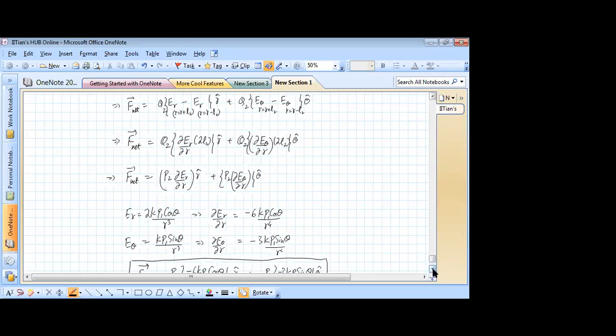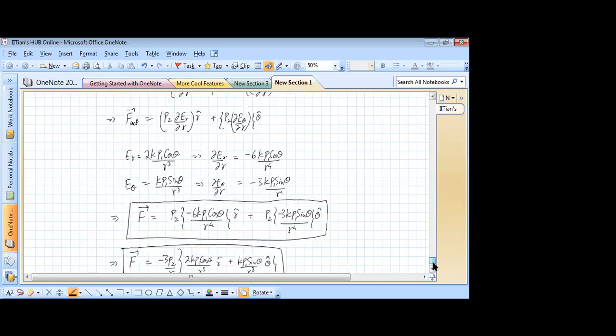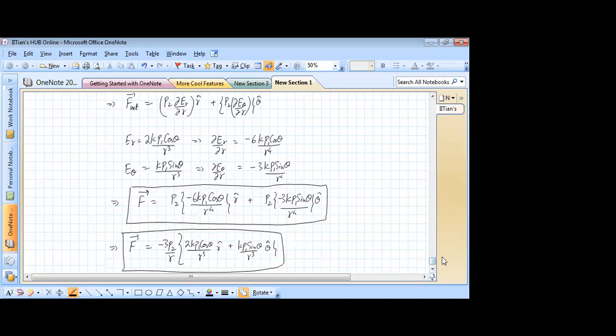Or if you place the two dipoles along the same axis, then this becomes easier. If it's only the r cap axis, the theta cap term is not there. You can just replace r with x and r cap with i cap and reduce this whole problem.